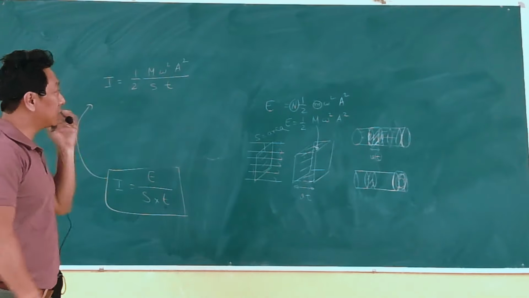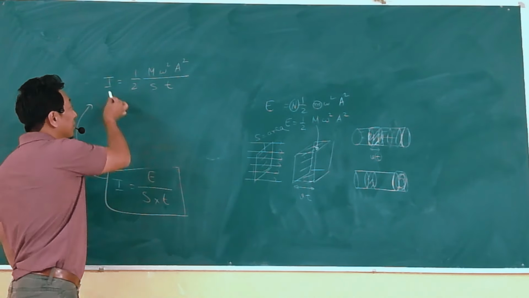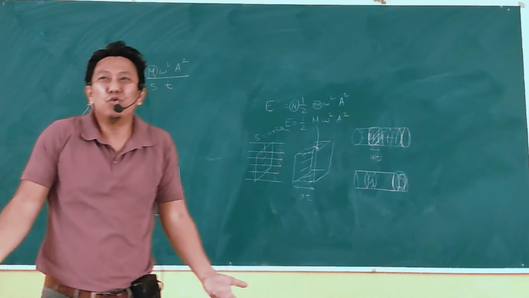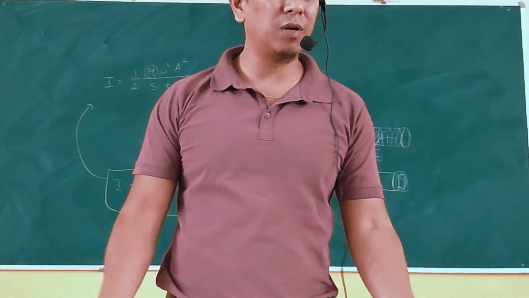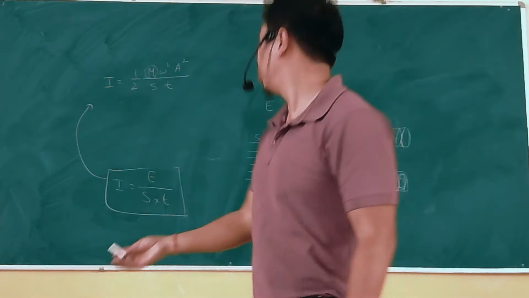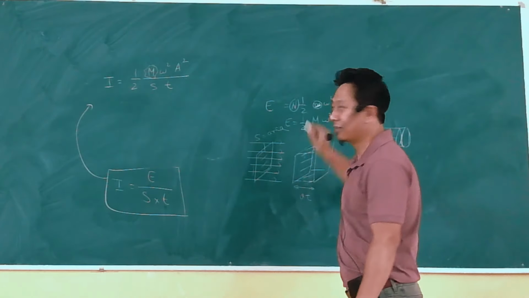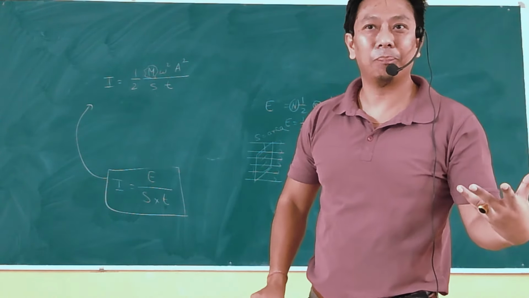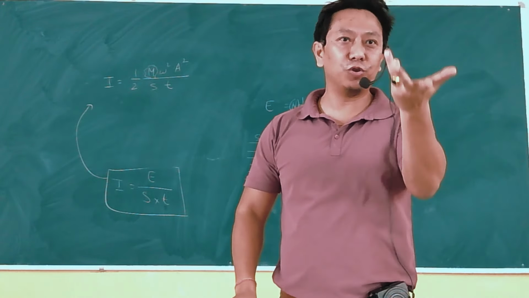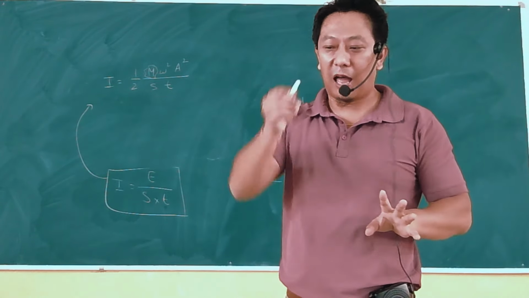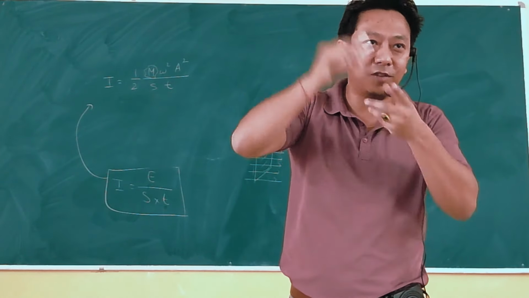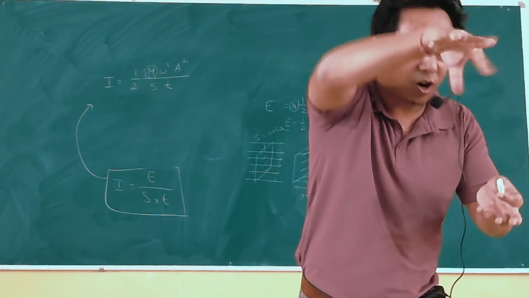Now students, it is no use to write the formula of intensity in terms of mass. For one particle it makes sense, because you should know whose energy you want. I am moving this chalk up and down; the formula of the energy of the chalk will obviously have the mass of the chalk.